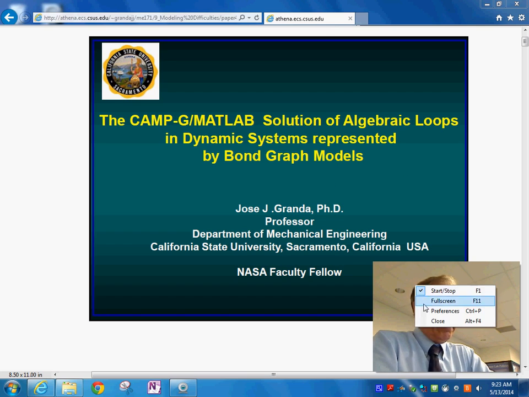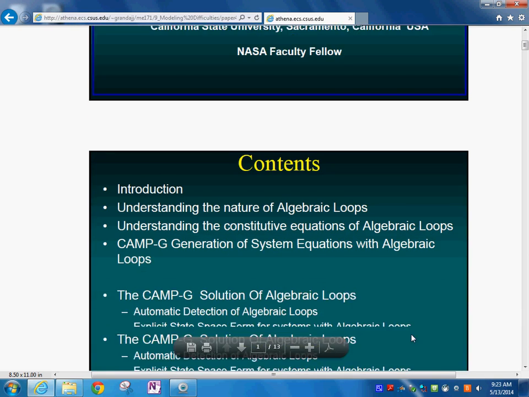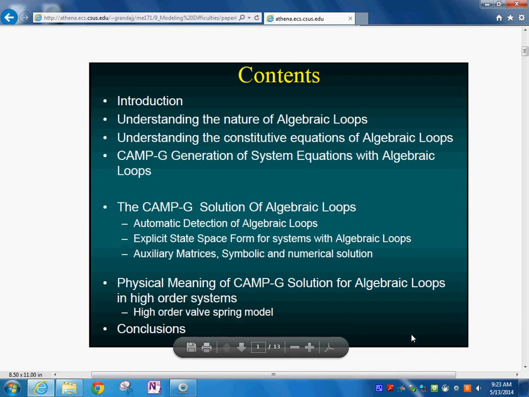So here we go, and this is the outline of what I'm going to talk to you about. To give you a little introduction, what is the nature of algebraic loops? I want to talk to you about understanding the constitutive equations of algebraic loops, and then how you generate a CAMG model that has algebraic loops.